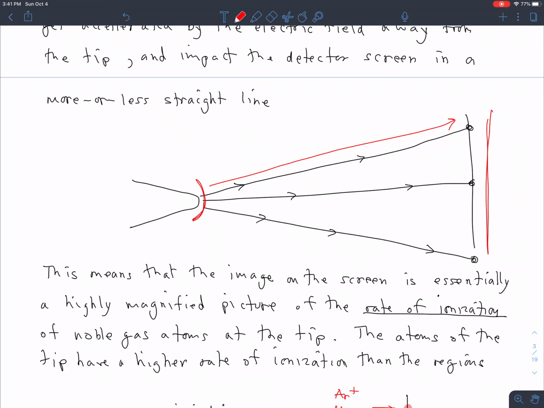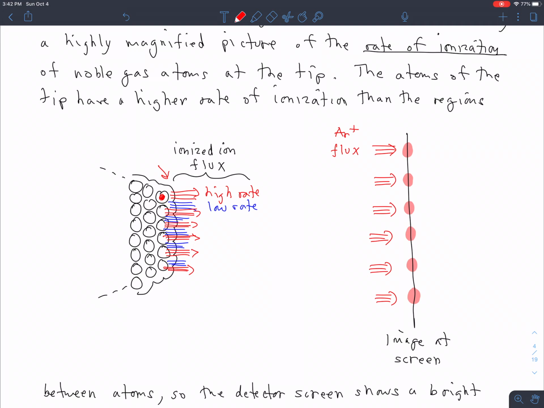a big useless image, except for the fact that if you adjust the voltage right, the probability of an argon atom being ionized, having its electron removed, is much higher if the argon atom encounters a point on the tip that has an atom there, rather than some point in between the two atoms.